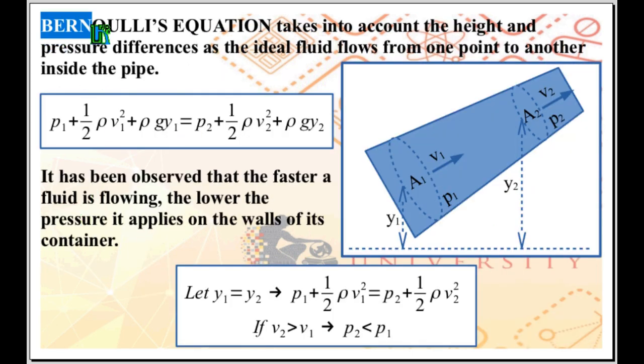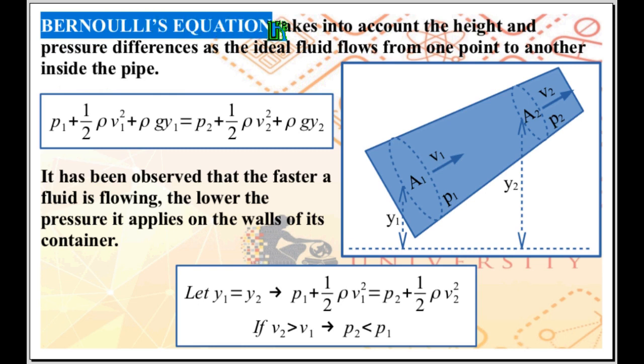Next, we have Bernoulli's equation. Bernoulli's equation takes into account the height and pressure differences as the ideal fluid flows from one point to another inside the pipe or container. Say you have a container. This time, the container is angled, say, diagonally upwards as shown in the figure.